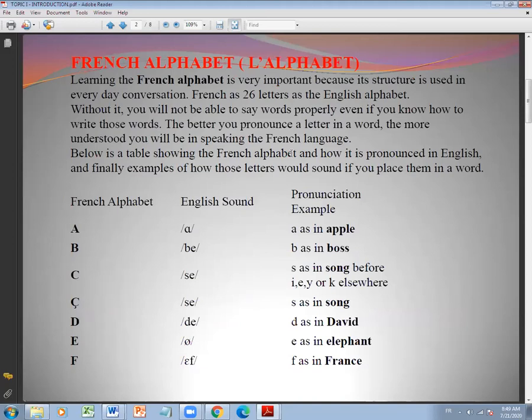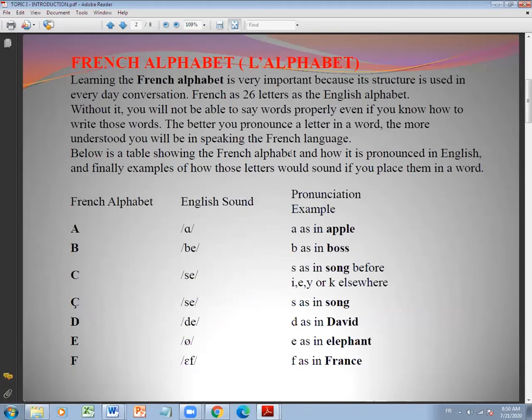The better you pronounce a letter in a word, the more understood you will be in speaking the French language. Below is a table showing the French alphabet and how it is pronounced in English, and finally, examples of how those letters would sound if you place them in a word.